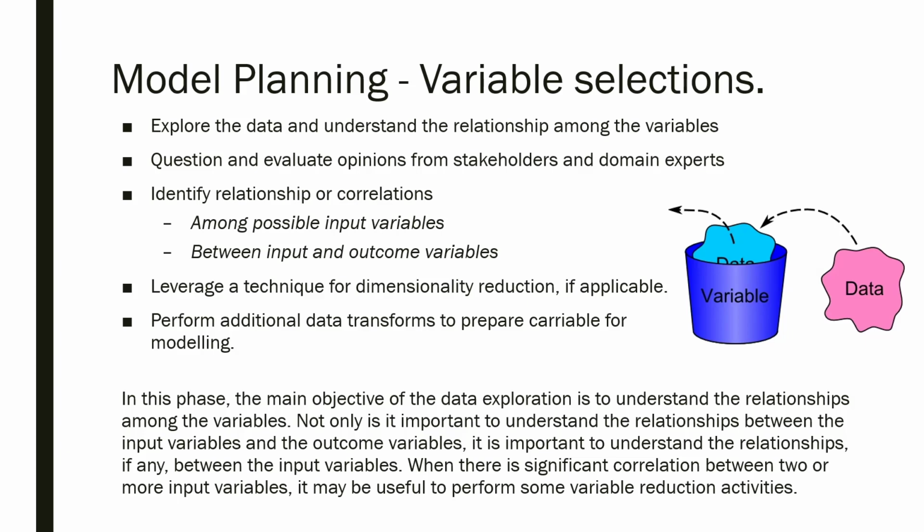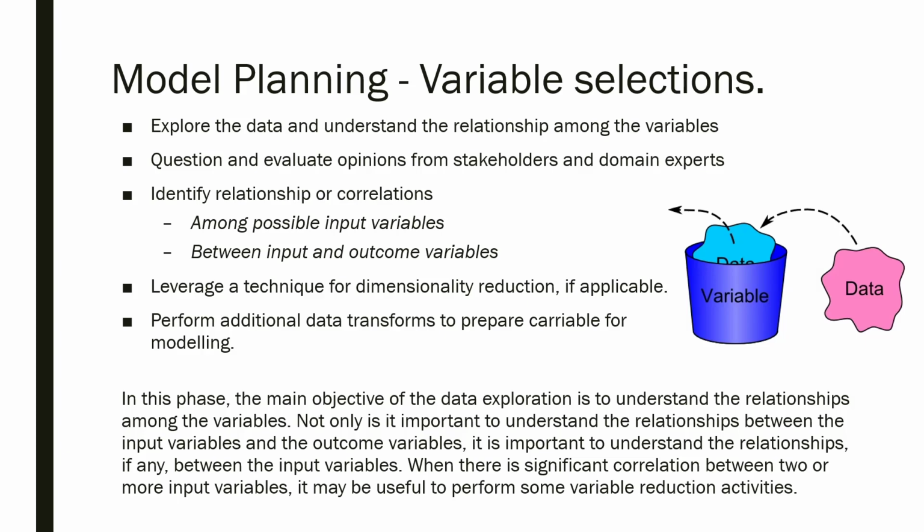Within this model planning, you should explore the data and understand the relationships amongst it. You should start to link elements together. You should question and evaluate opinions from stakeholders and domain experts again to make sure you've got the right sort of data. You should identify relationships and correlations, for instance, amongst possible input variables or between input and outcome variables.